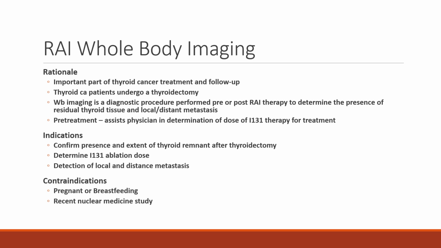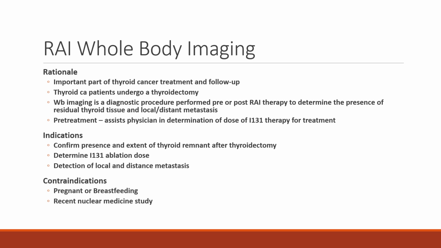And then it's done before treatment and then followed up after. The pre-treatment one is, like I said, optional, but then it is done after treatment to make sure it actually went there and got all the thyroid tissue. So indications are, determine the ablation dose, look for metastases, and then confirm the presence and extent of any remnant thyroid tissue or metastases.